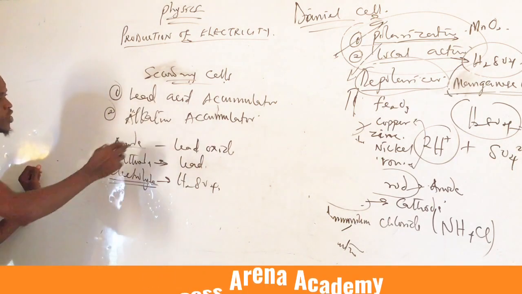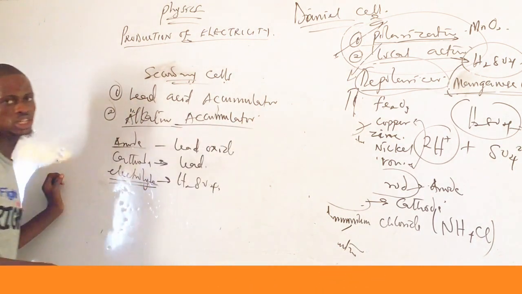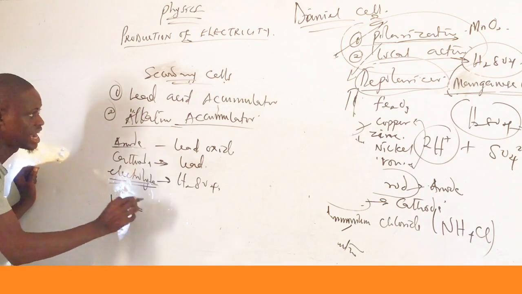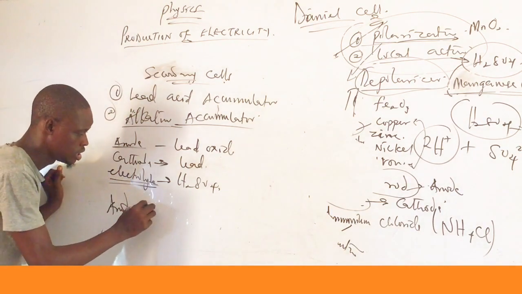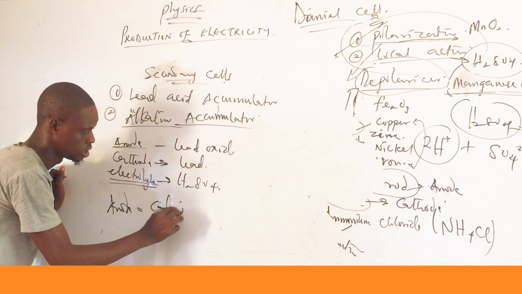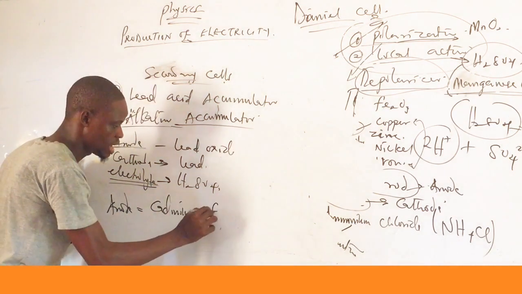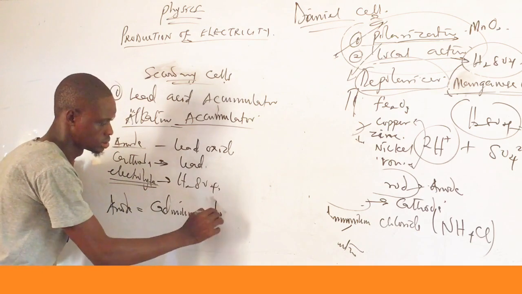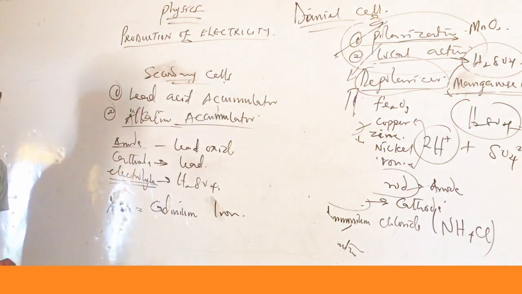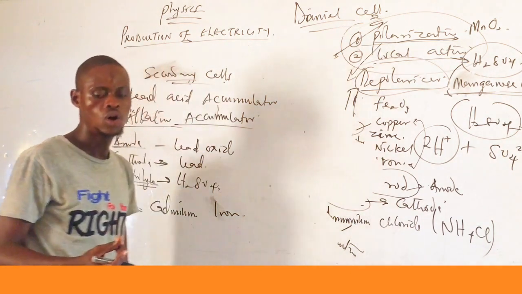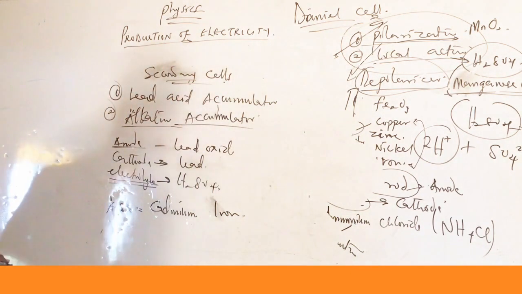Now, for the alkaline accumulator, it is different. The anode is made of cadmium, and we can also use iron as the anode. Cadmium or iron. While the cathode is made of nickel oxide, or nickel hydroxide.